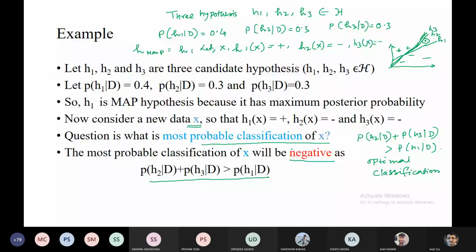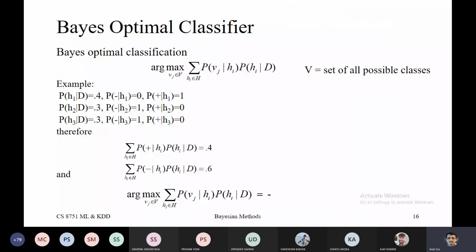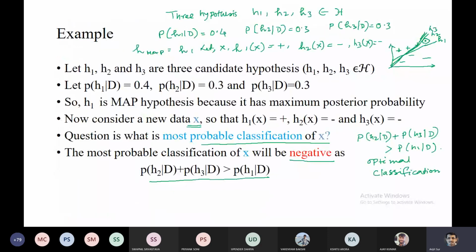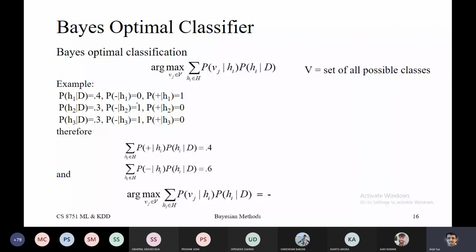Now, how are you going to define it? We understand this is the way we define the optimal classifier. What is the mathematical definition of this? It is the probability of Vj, where Vj is the set of all possible classes. So let Vj be V1, V2, dot dot dot, Vk, that is k number of classes.